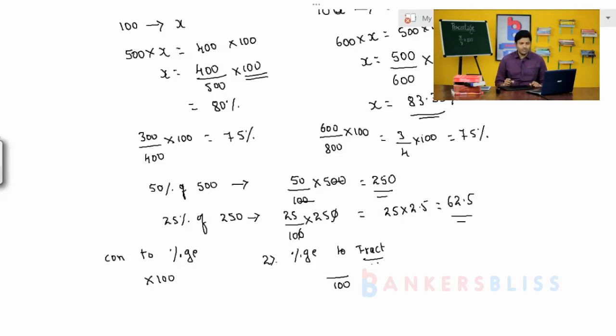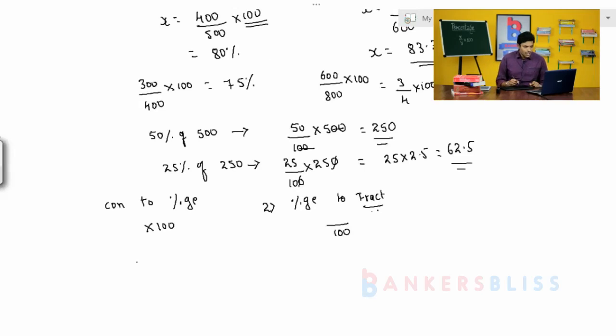Each and every time, dividing by 100 takes time and it will be complicated. Let me give you an example. You have to calculate 18% of 275. 275 is a small number, 18% is also a small number, but if you do it in the traditional manner, 18 by 100 into 275, you have to divide by 5 and later multiply.